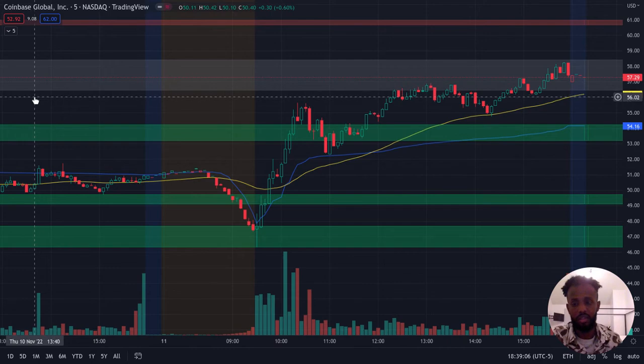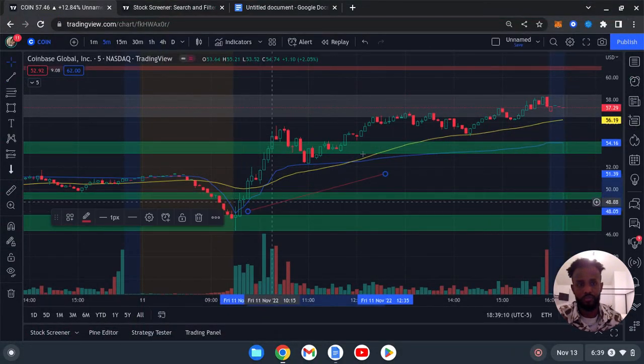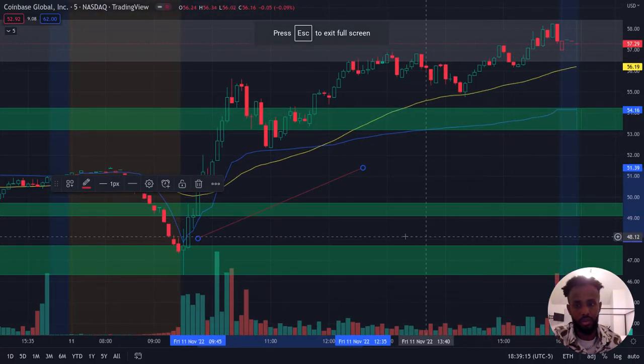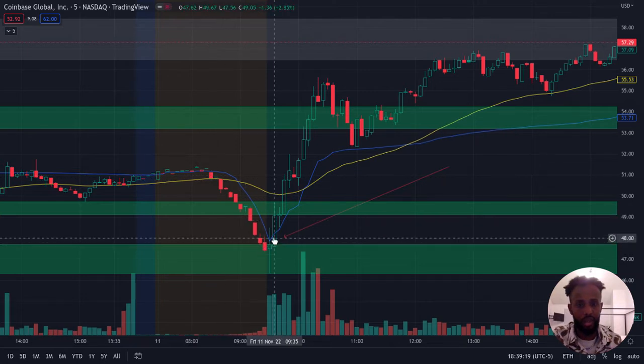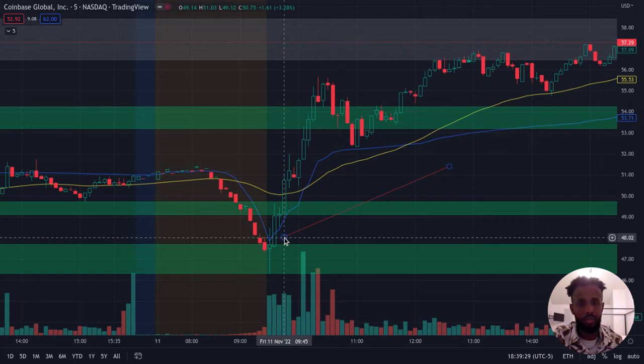And you can see that right at the open, we have Coinbase break down, and it's holding this 50-day moving average. It's holding VWAP, and it's at a demand zone. So you take this trade.